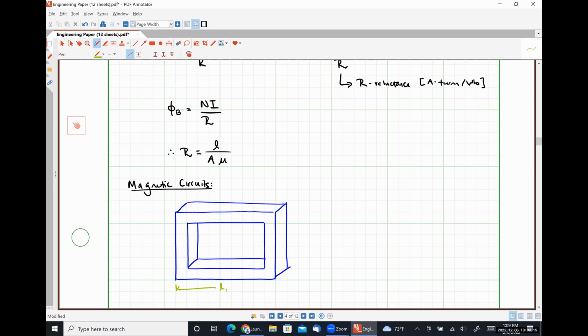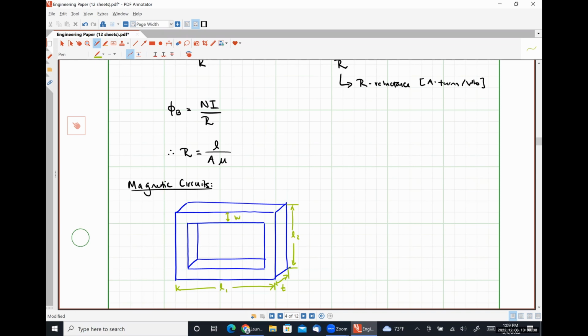Let's call it L1. It will have some thickness in this direction. Let's call it T. It will have some length in this direction. Let's call that L2. It will have some width in this direction.